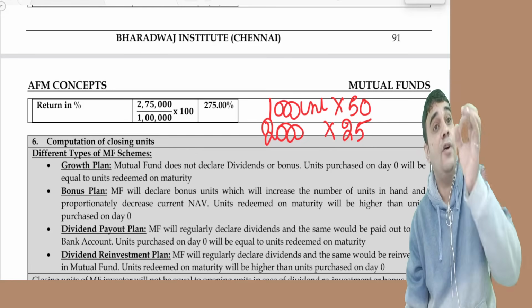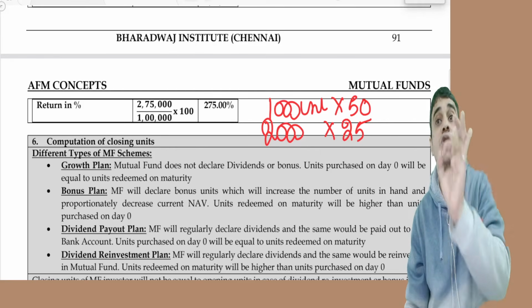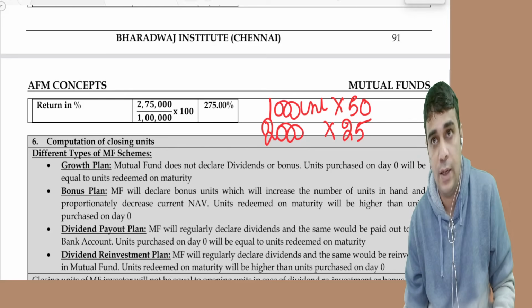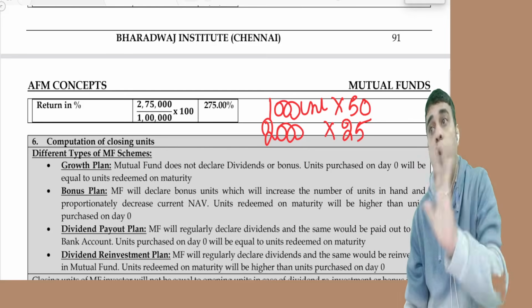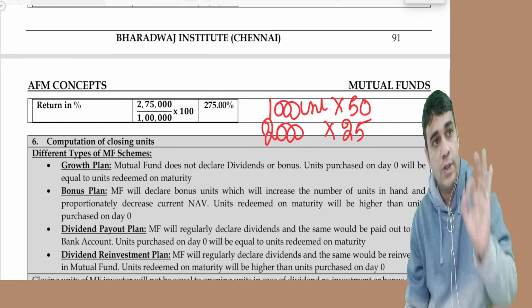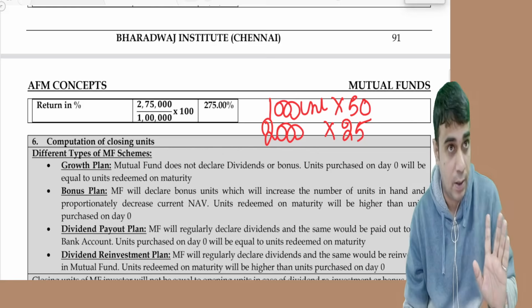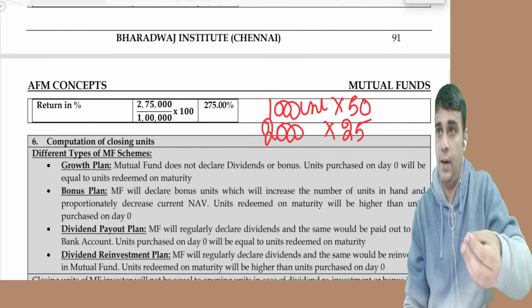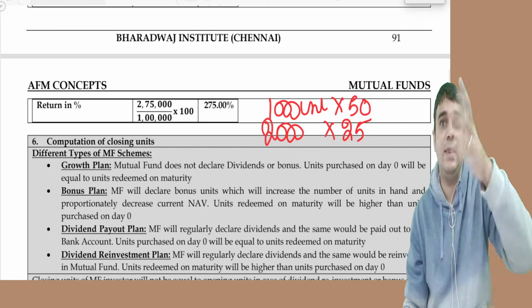Let's assume the NAV of a mutual fund is 1 lakh. You can buy 0.001 unit of the MF. 3 decimal, 4 decimal also possible in the practical world. So in a mutual fund, if I want to buy the MRF mutual fund, I can buy, let the NAV be 1 lakh.